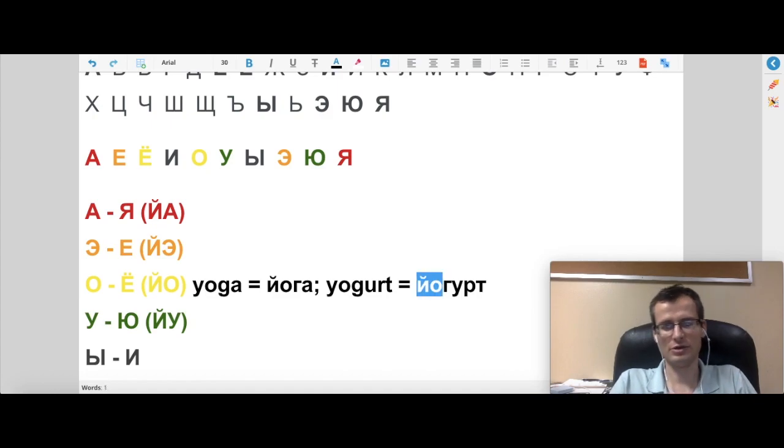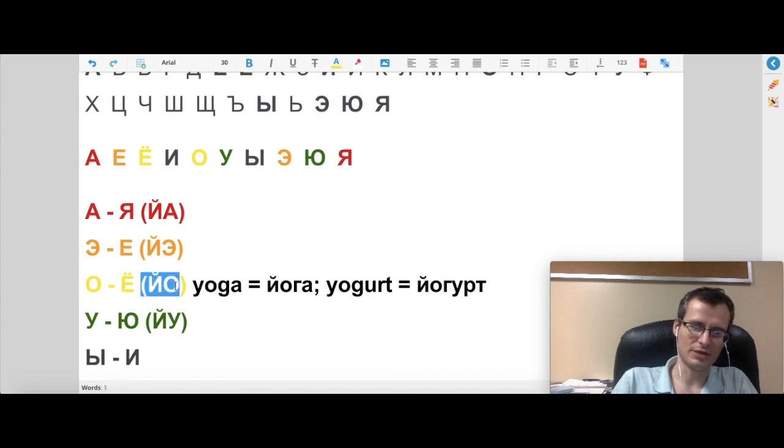Okay, so in those words, there's probably just a handful of them. You will see occasionally yo spelled as 2 letters, but in 99.9% of the Russian words containing the sound yo or yeah or ya, you won't see them spelled as 2 letters.